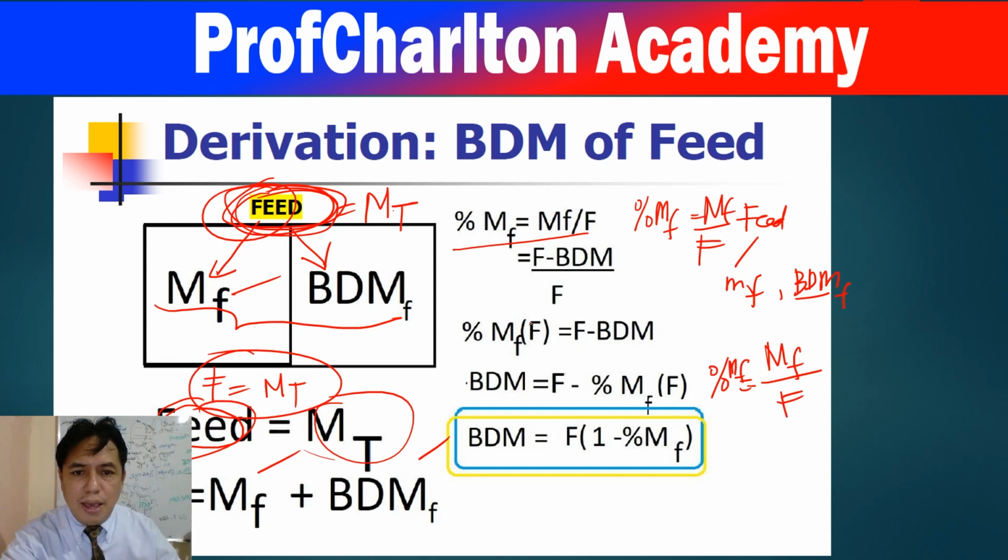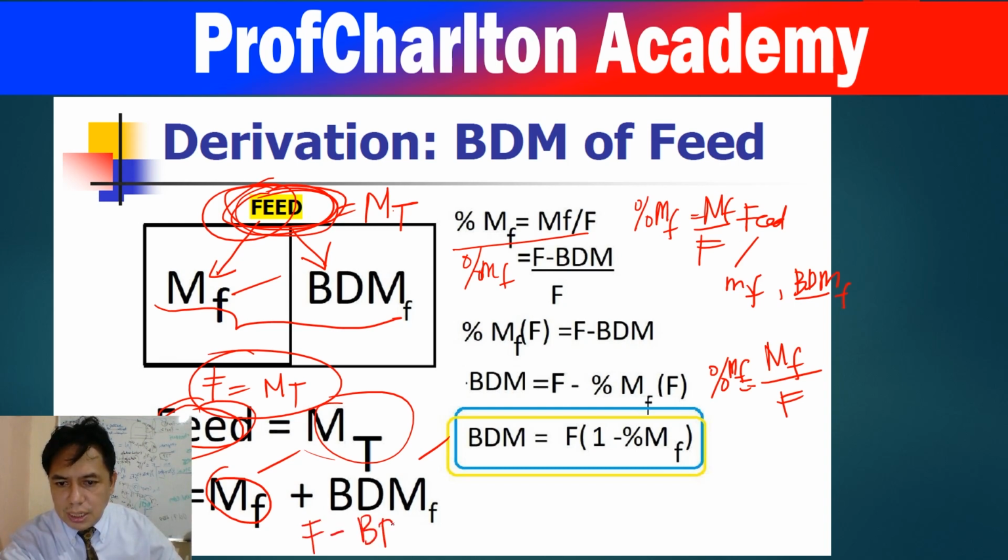So percent MF, here. This one, MF, the percent MF equals F minus BDM. What is F minus BDM? From this equation, you can get the equation of MF here. How do we get the MF here? Mass flow of feed equals, just transposing this, F minus BDM.